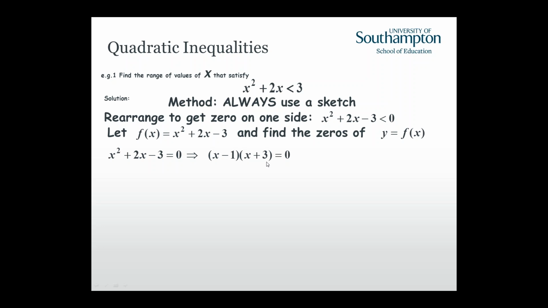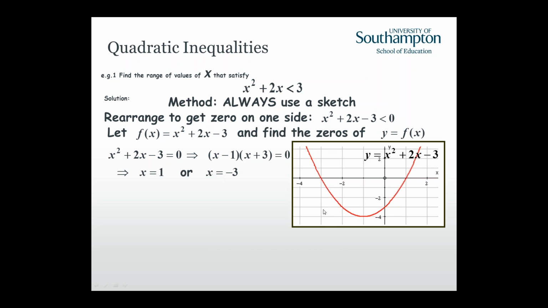Now that I have factorized it, I need to sketch a graph. There we go. So we know that this is the graph of y equals x squared plus 2x minus 3. We've just factorized it so that we can see that it cuts at minus 3 and 1.